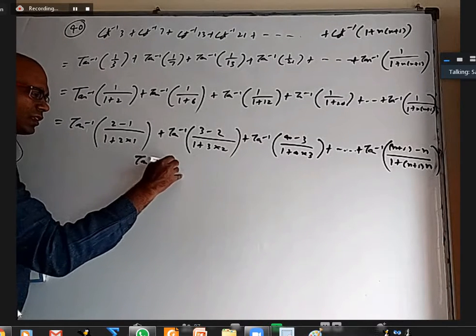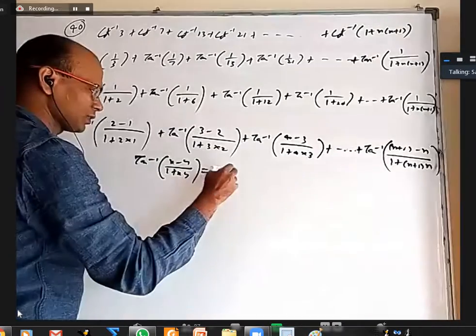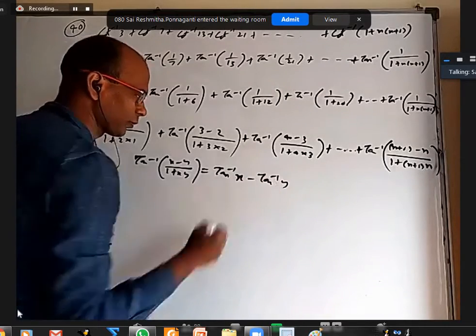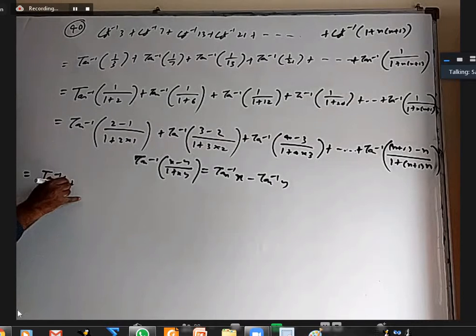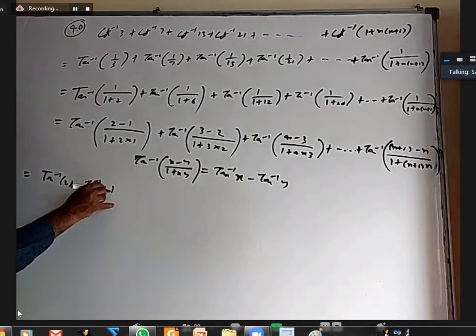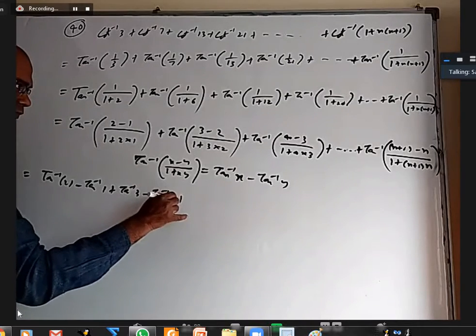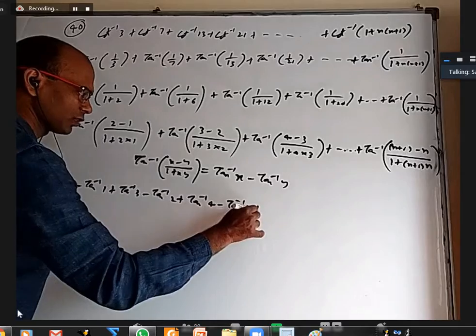Tan inverse of x minus y by 1 plus xy is tan inverse x minus tan inverse y. So based on that, this will be tan inverse 2 minus tan inverse 1. This will be tan inverse 3 minus tan inverse 2. This will be tan inverse 4 minus tan inverse 3.